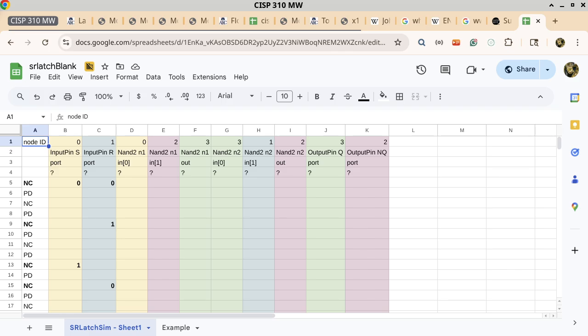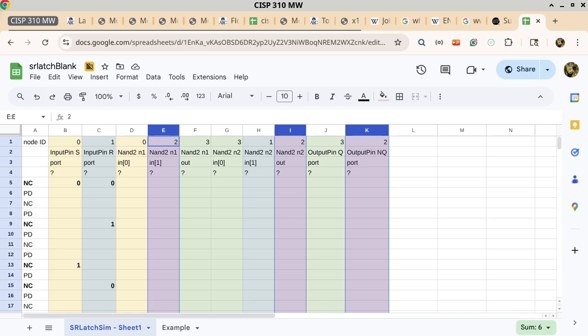So the colors are a more visual way to tell you how things are connected. It is only useful in node connectivity. That means column K, column I, and column E are connected together as one node.